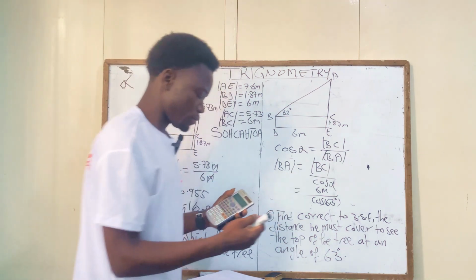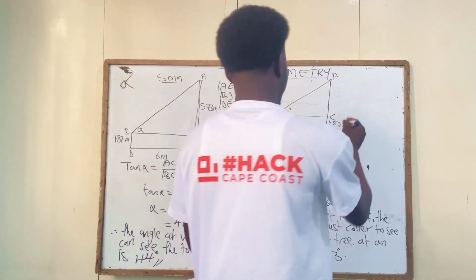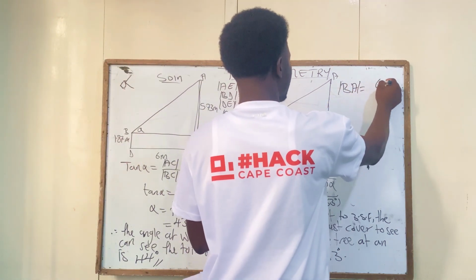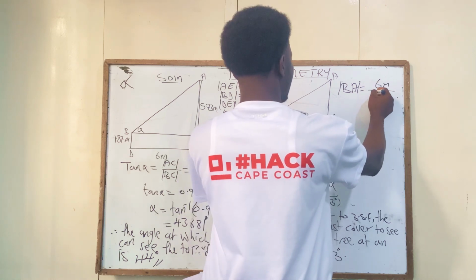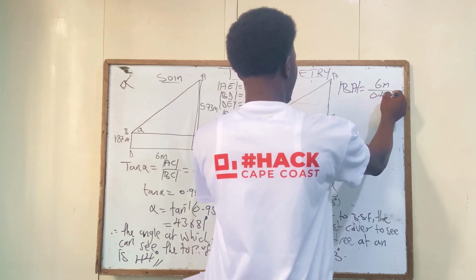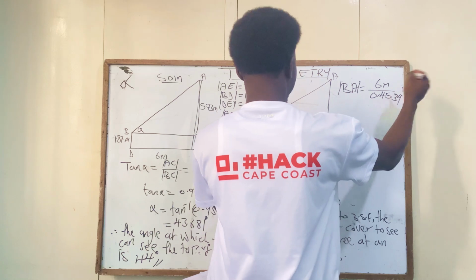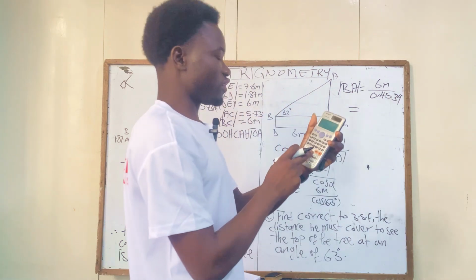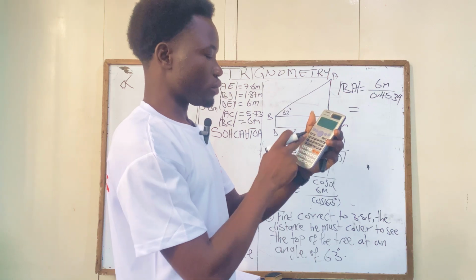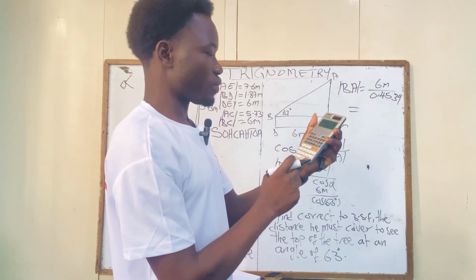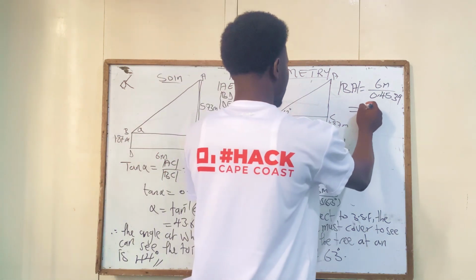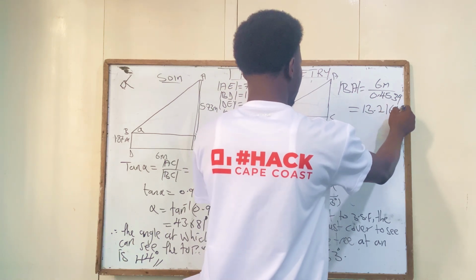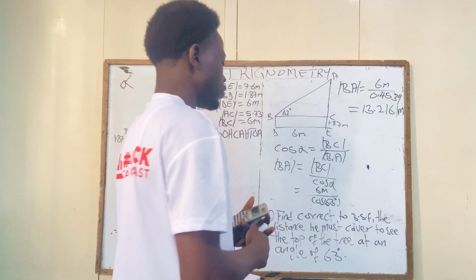It means my BA is equal to 6 meters all over 0.4539, and this is equal to, divide 6 by this value, and you are going to get 13.2161 meters. Remember the meters at the top.